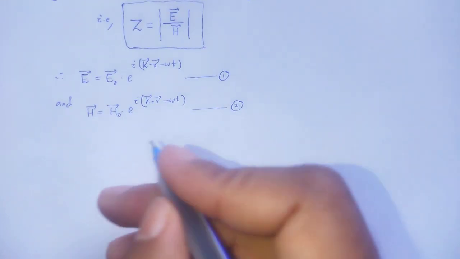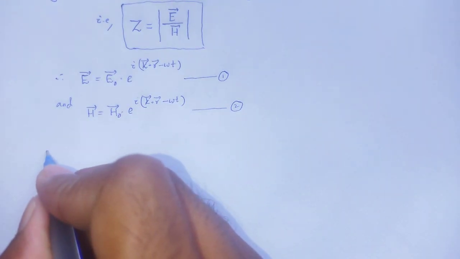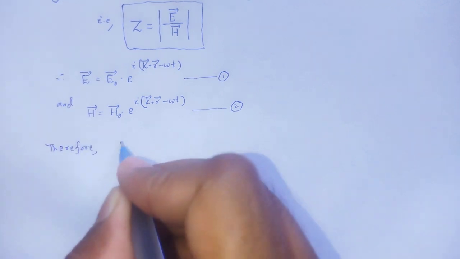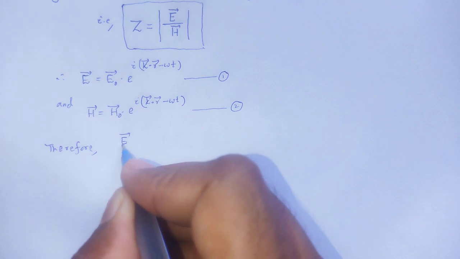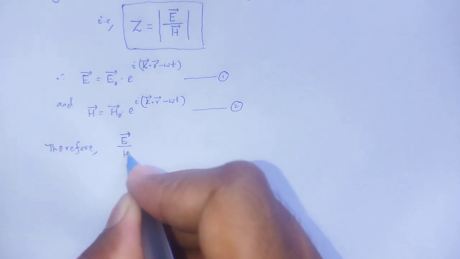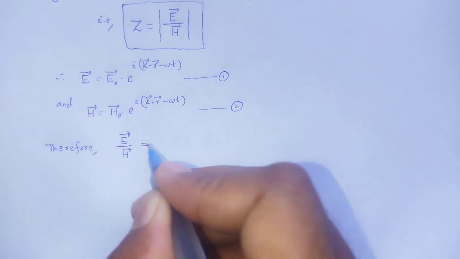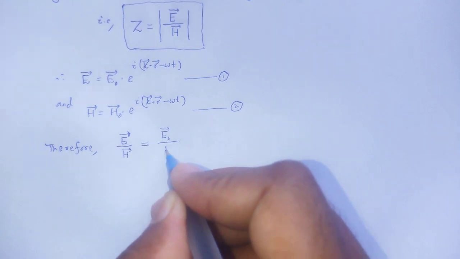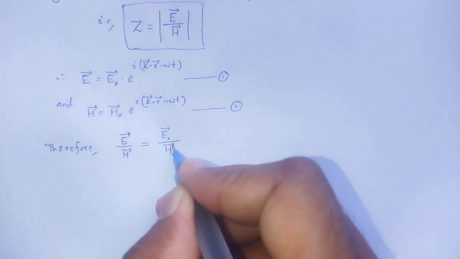Therefore, E by H vector is equal to E naught vector by H naught vector.